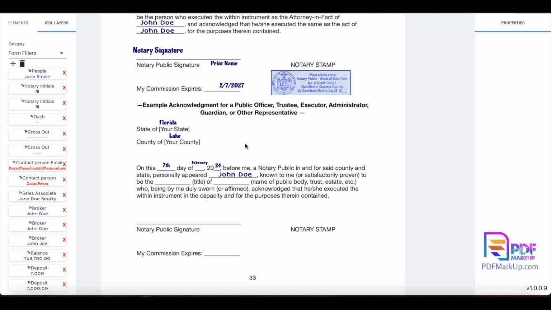Now you know that this is probably a public officer, trust, executor, administrator, guardian, or a representative. So in this case with John Doe, the top of the document will have the title. So this is an estate. So it would have something that says whether it was a trustee or executor.